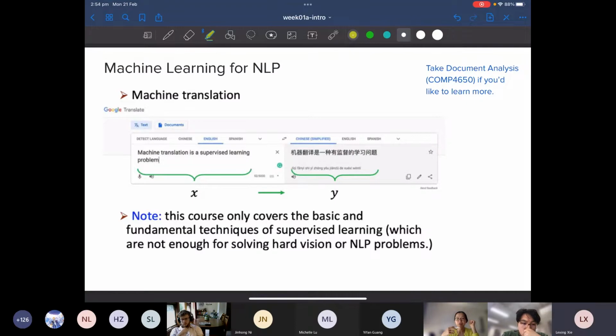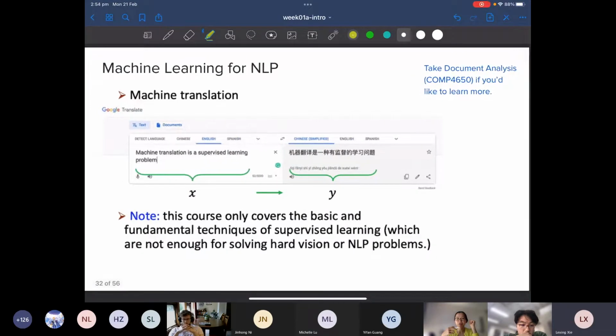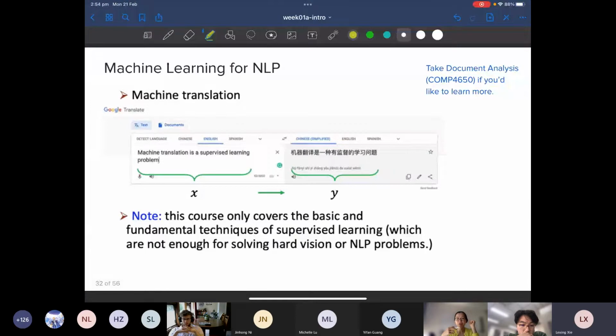Right, so in this class, we cover the basics, but they are not quite enough to directly solve hard computer vision and NLP problems. NLP is a very exciting area. If you want more of that, go take the doc analysis course in the second semester. That class is also very practical in the sense that you get to practice using PyTorch and other state-of-the-art machine learning packages to do some of these complex tasks.